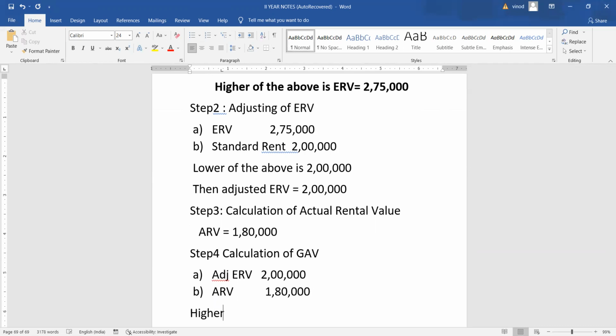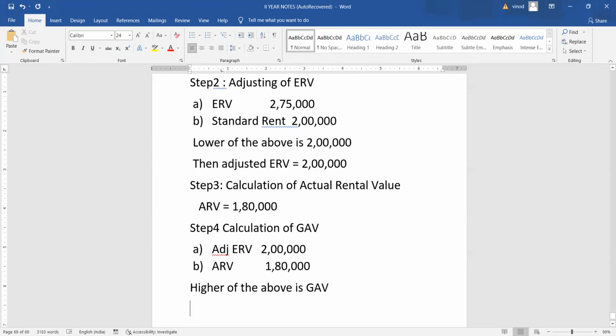Higher of the above is gross annual value. It means GAV equals 2 lakhs. Now we have completed the working note.